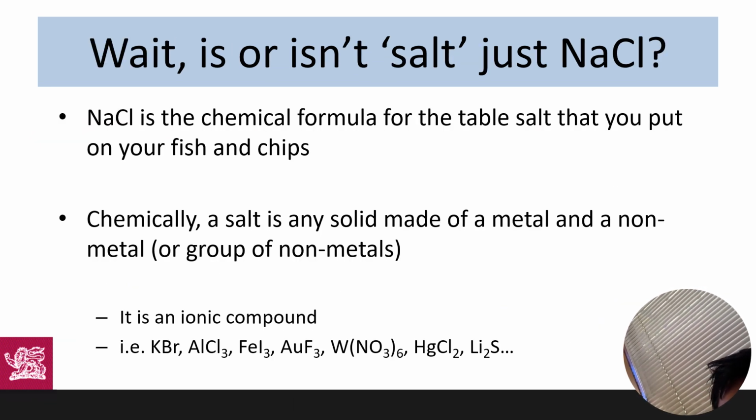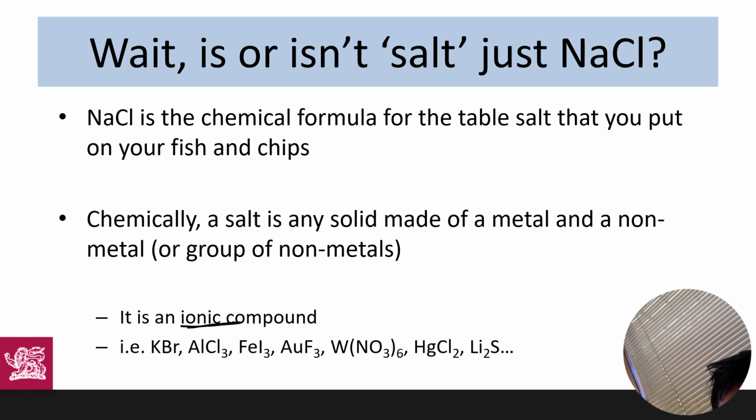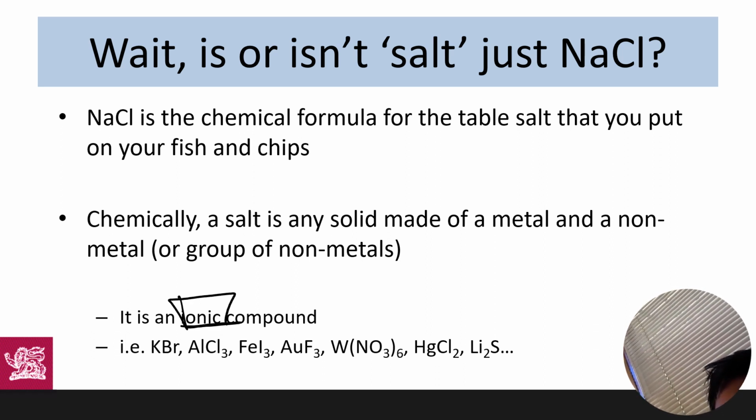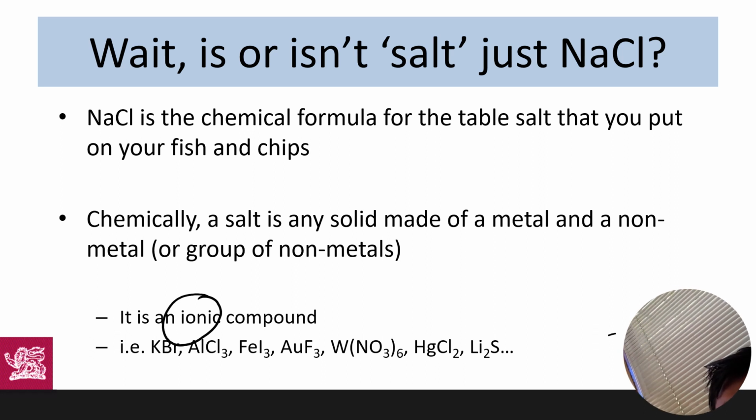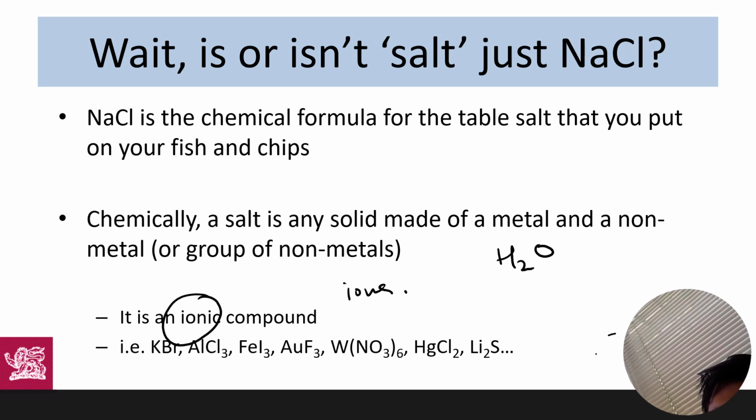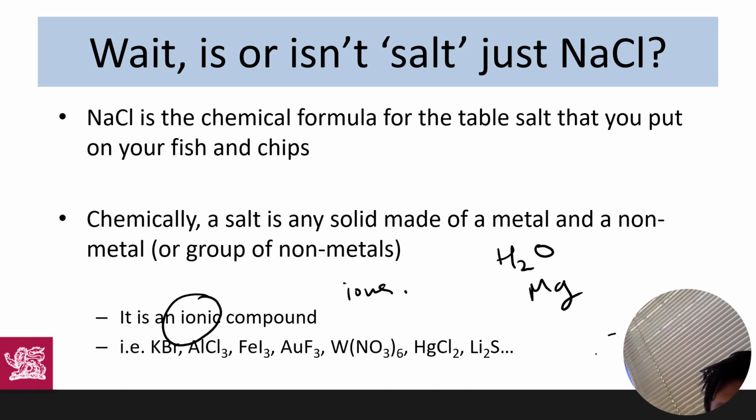Here's a definition for salt. It's an ionic compound, but we haven't done types of substances and bonding yet. So just for your information, at this point in time, an ionic compound is a compound made of ions, which is different to stuff like water, and just like metals, like magnesium.